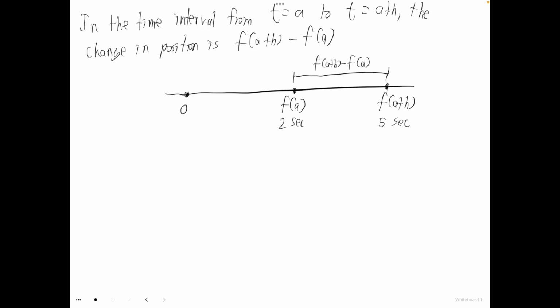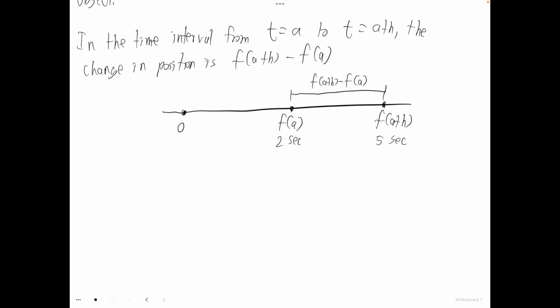It's going to be given by how far we moved, which is f of a plus h minus f of a, divided by how much time passed. The amount of time passed is h seconds. That's what h represents: how much time has passed.